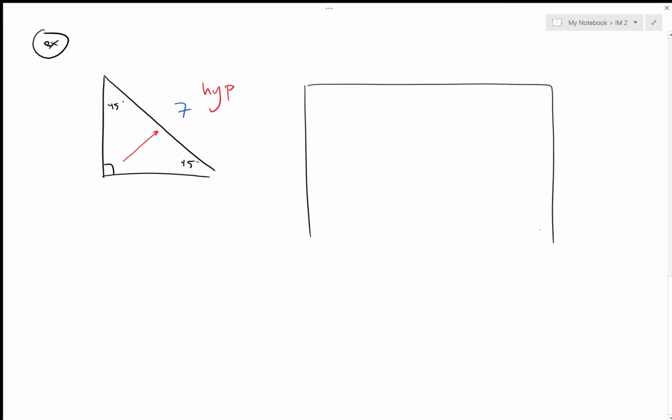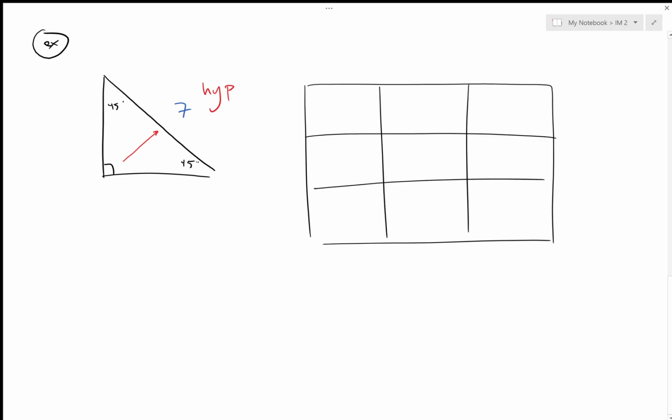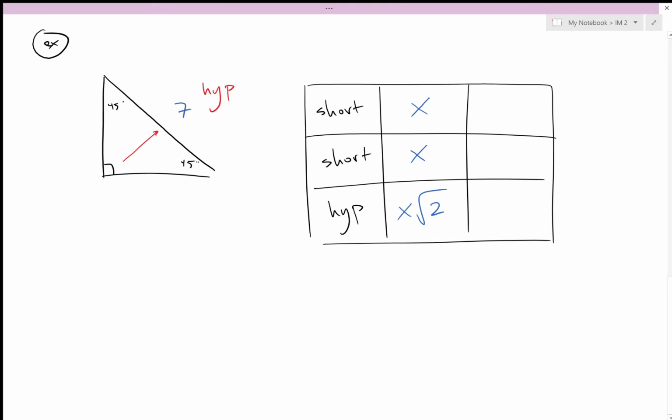But we can still fill out the table. The first two columns are always the same. Short side, hypotenuse. And down the middle are the ratios, x, x, x square root 2. Alright.